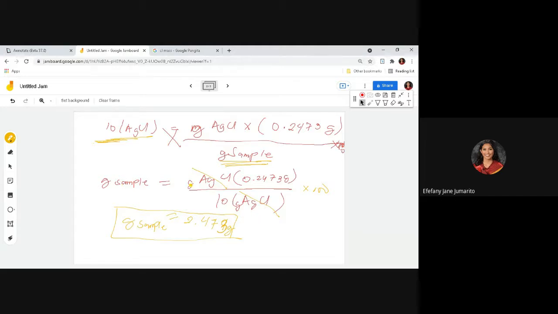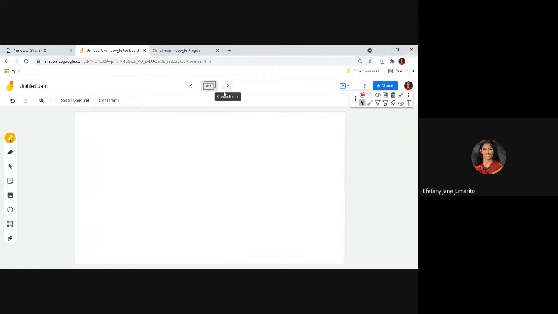We can cancel the grams of AgCl, then we are left with 2.473 grams divided by 10, multiplied by 100. So your sample, in order to have 10 times AgCl, must be 2.473 grams.